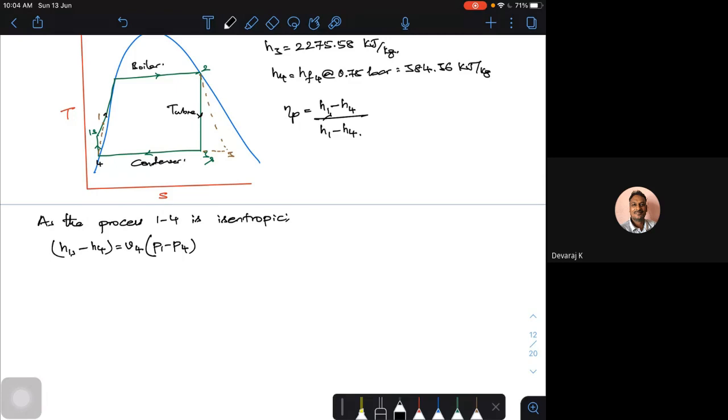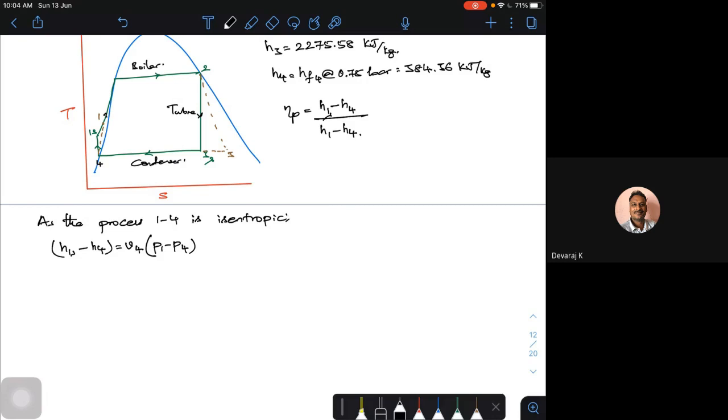What is pressure P1, and what is your pressure P4? The pressure change is P1 minus P4.